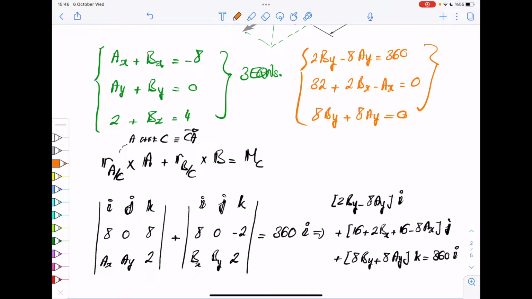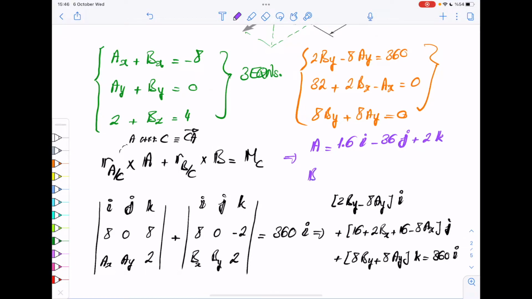Now all you need to do is to calculate the unknowns. You have all the required equations. And if you do that, your vector A would be 1.6 in I direction minus 36 in J direction plus 2 in K direction.